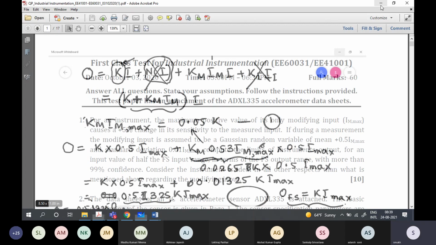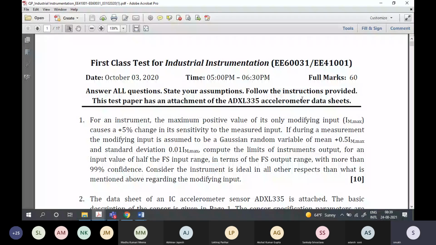So compute the limits of instrument output. The maximum value for the modifying input, in terms of the full scale output range with more than 99% confidence, we have obtained.